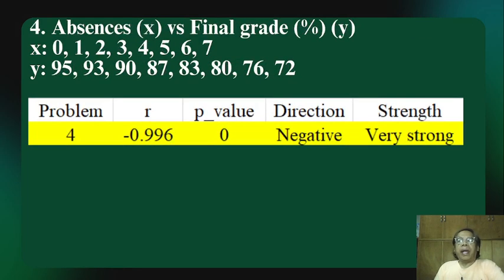Number 4. Absences X versus final grade percent Y. So these are our values of X and Y. 0 95, 1 93, 2 90, 3 87, 4 83, 5 80, 6 76, 7 70. So these values of X and Y, input them in an Excel, and then using our formula for R, you can get the value of R to be negative 0.996.